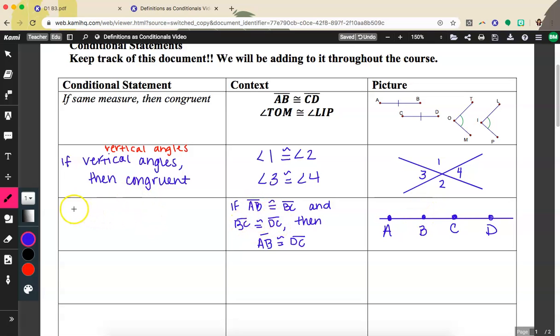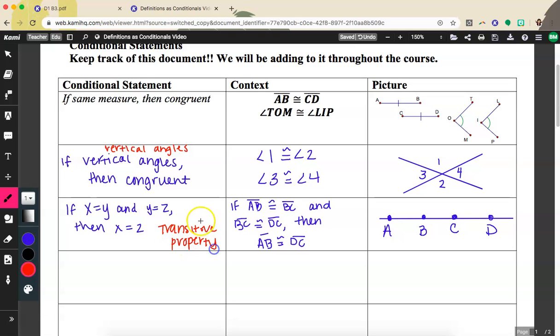Okay, so our conditional statement here, in general terms: if X is congruent to Y, and Y is congruent to Z, then X is congruent or equal to Z. And this is our transitive property.